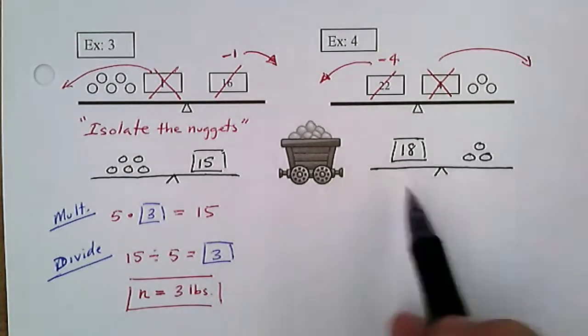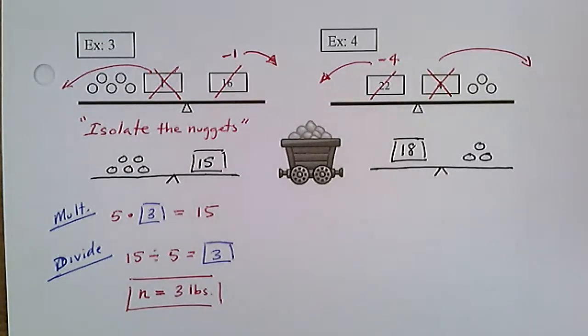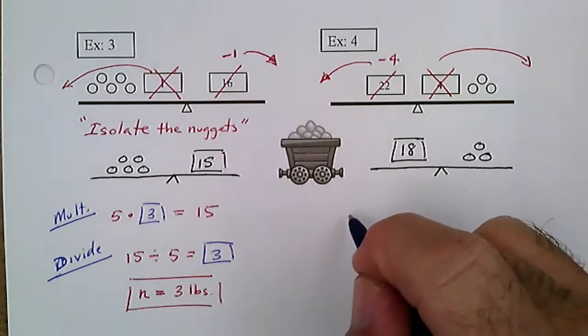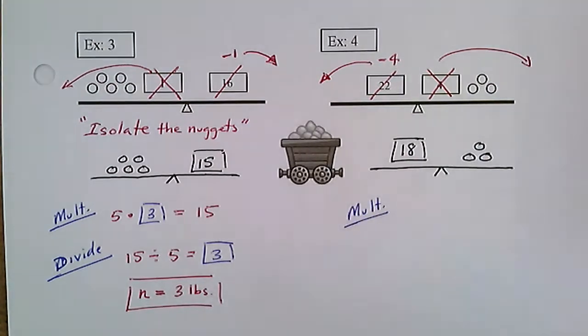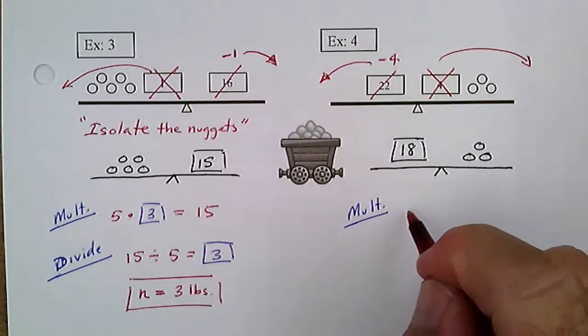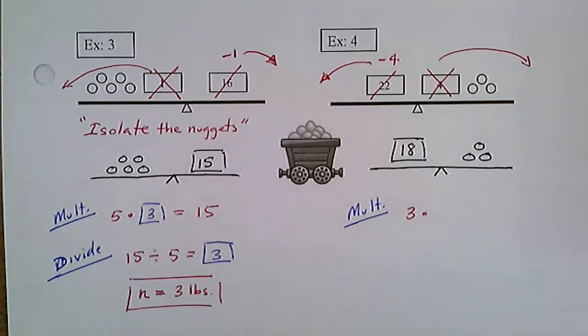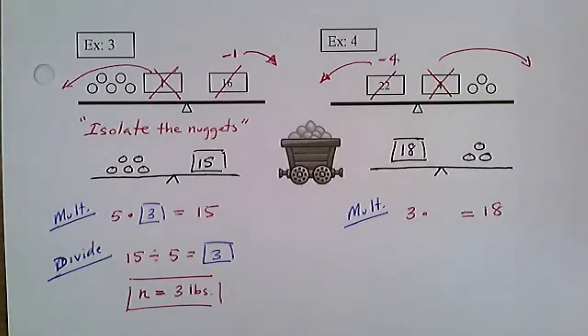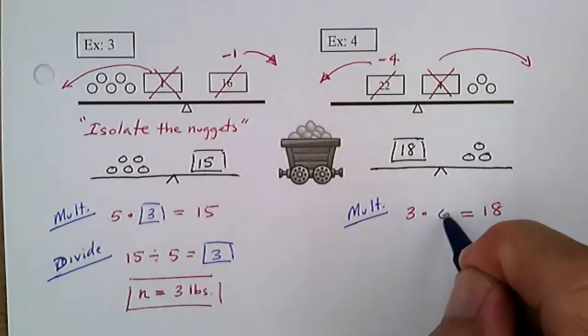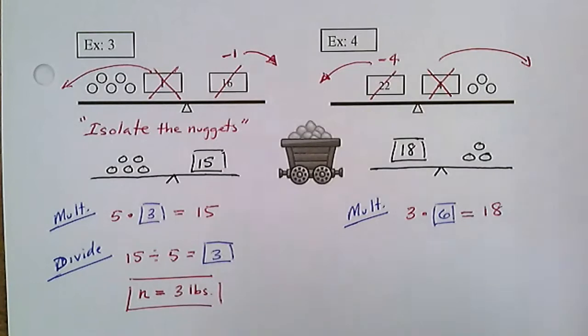And then hopefully you can see it. We can still go through the steps. So if I multiply, some of you prefer that, I'm going to go 3 times, and then what would it be? 3 times what is going to make 18? That would be 3 times 6, right? So each nugget's worth 6 pounds.